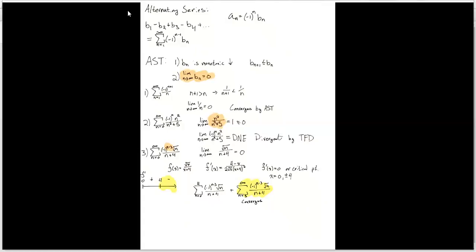And there's no problems with any of those terms. They all are defined, so this is finite, right? And if we have a finite plus something that's convergent, then this means that the whole series converges by the alternating series test.